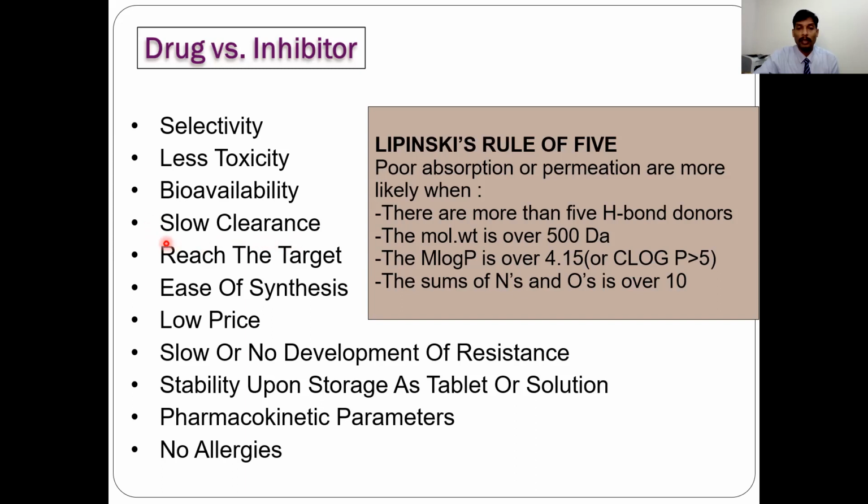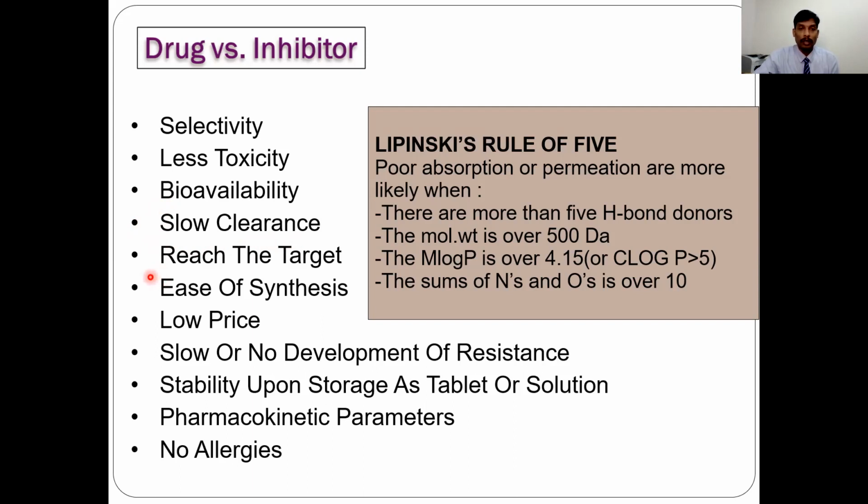Once you take it, if within 10 minutes it is cleared, then it is not going to be good. So it should be available for a few hours before it is cleared off by the liver and kidney. Before it is cleared, it should be available biologically and reach the target.